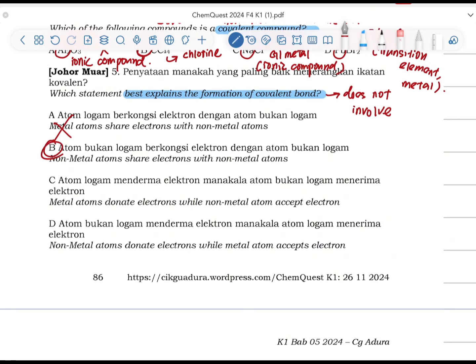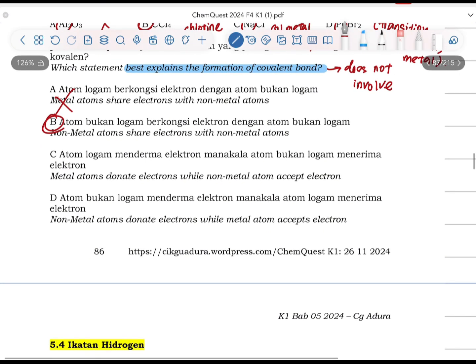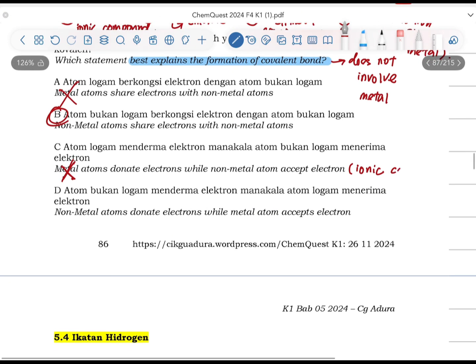So let's look at C and D. What is wrong with the statement? Metal atoms donate electrons while non-metal atoms accept electrons. This will not be the answer because, as I mentioned, the covalent bond does not involve metal. This statement is actually referring to an ionic compound.